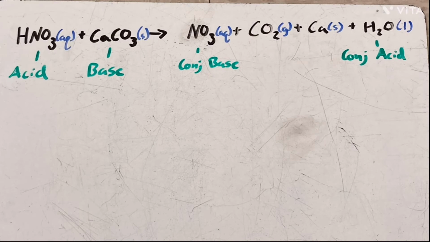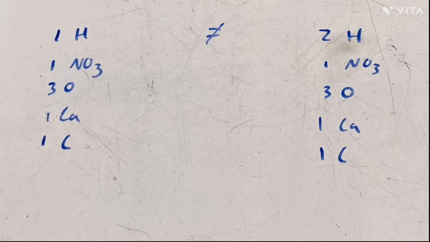The last thing to do is balance the equation. On the reactant side, we have 1 hydrogen atom, 1 nitrate ion, 3 oxygen, 1 calcium atom, and 1 carbon atom. On the product side, we have 2 hydrogen, 1 nitrate ion, 3 oxygen atoms, 1 calcium atom, and 1 carbon atom. Now, the hydrogens do not add up, so we need to balance that. To balance it, we're going to add another hydrogen to the reactant side.